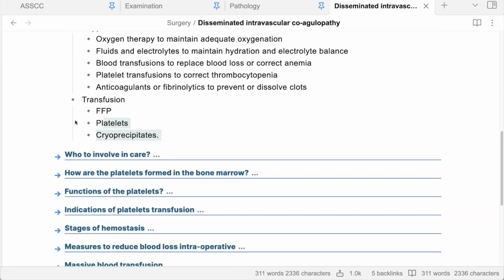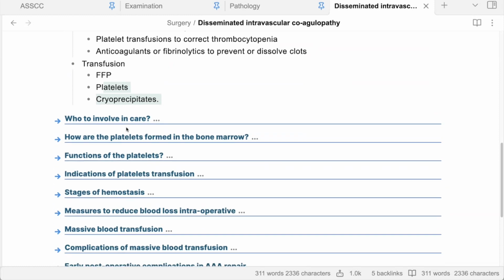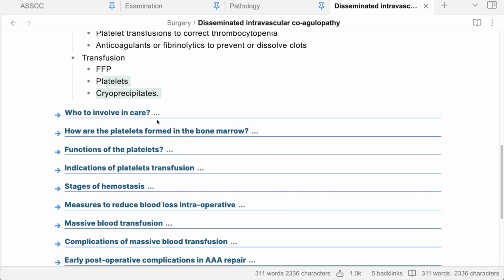Well, who to involve in the care for this patient? Your consultant, the anesthesia consultant, the interventionist, a transfusion specialist and the nurses.